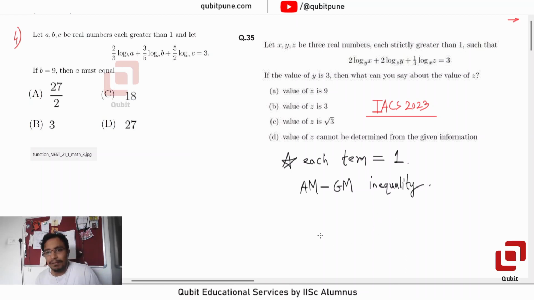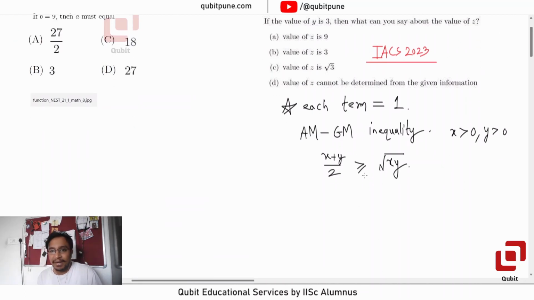Now this inequality for two numbers you might know. Suppose x and y are positive, then (x plus y) upon 2, that's the AM, is always greater than or equal to the square root of xy, the GM. And this also applies to three positive numbers, or in general n positive numbers.